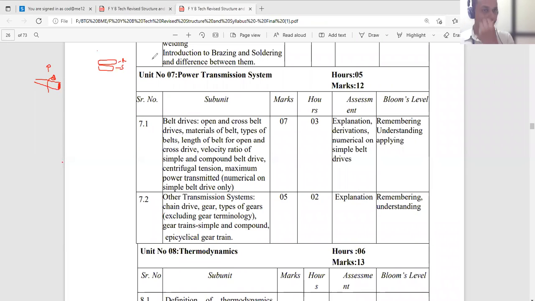So one shaft is there. Now this is the power source, but to use that power, it is necessary to transfer this power to that shaft. So some medium is required to transfer power from this shaft to that shaft. Such a system is called the power transmission system.